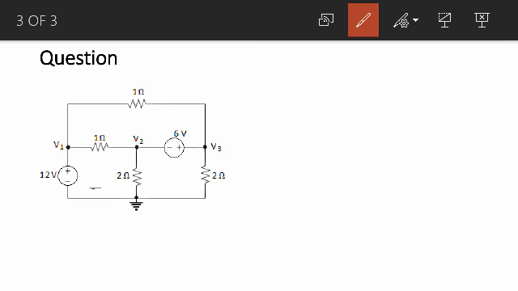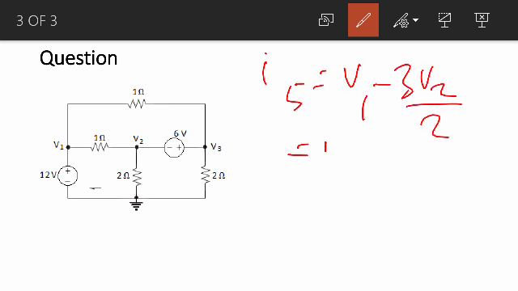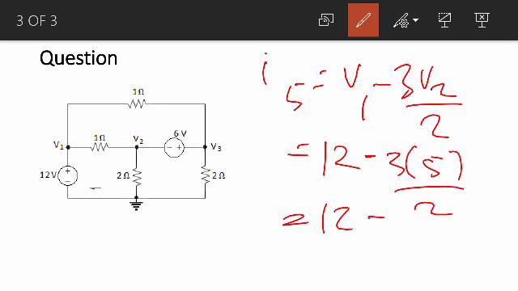We can use our equation there. We said that I5 is V1 minus 3V2 all over 2. Our V1 is 12 minus 3 times 5, all over 2. That gives us 12 minus 15 over 2, which is 7.5, and that gives us 4.5 amperes. So our I5 is equal to 4.5 amperes.